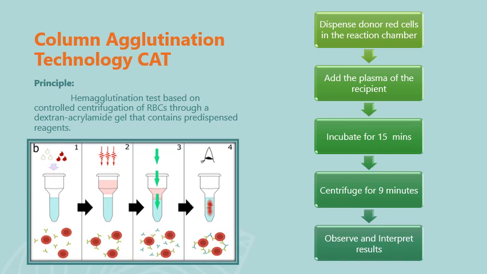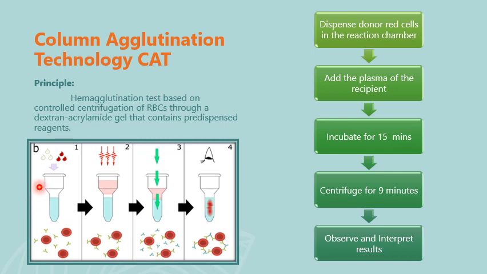Column agglutination technology, CAT, or gel card technology. Its principle is based on hemagglutination. So this is the microtube. We will call this a microtube.